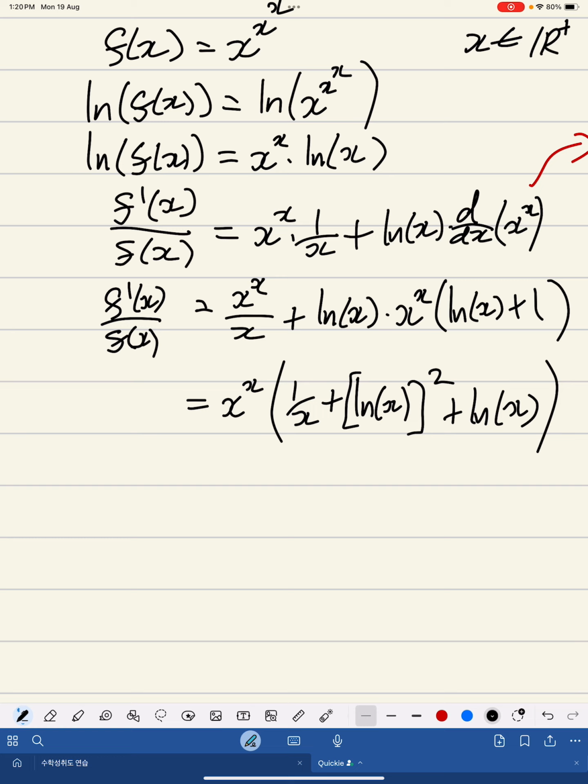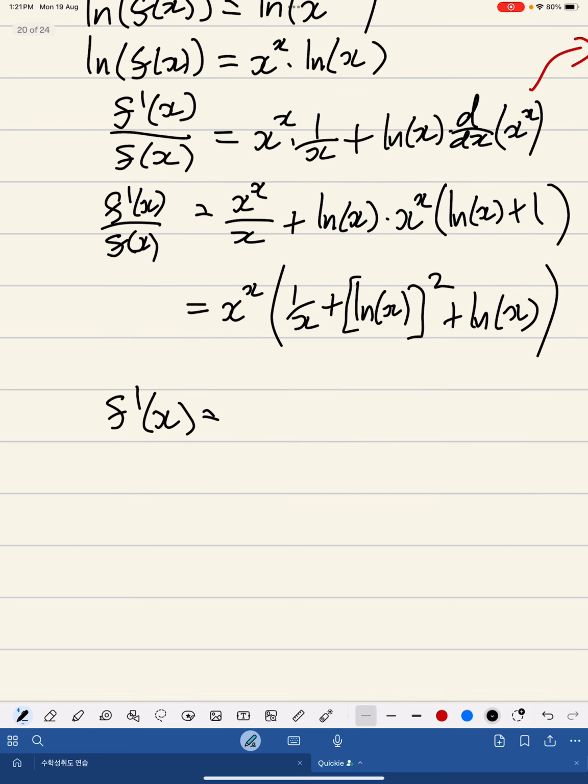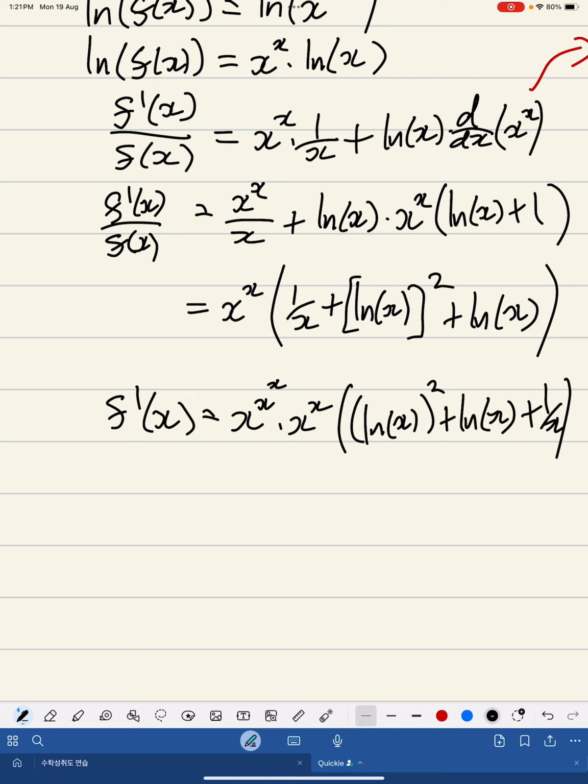And so f prime x, which is the differentiated version of x to the x to the x, is x to the x to the x times x to the x multiplied by ln x squared plus ln x plus 1 over x. We can maybe simplify this one last time to x to the x plus 1.